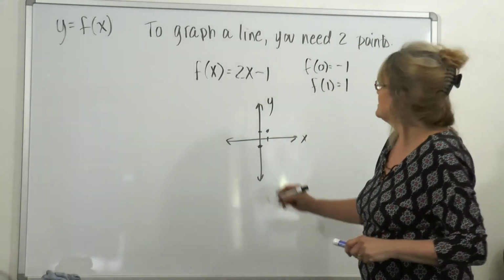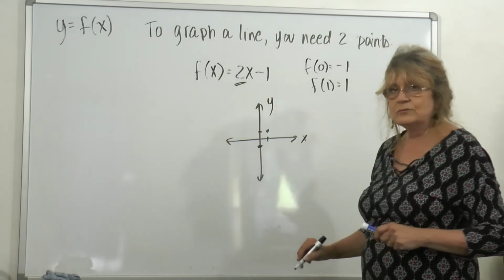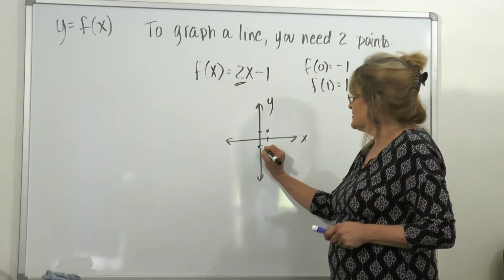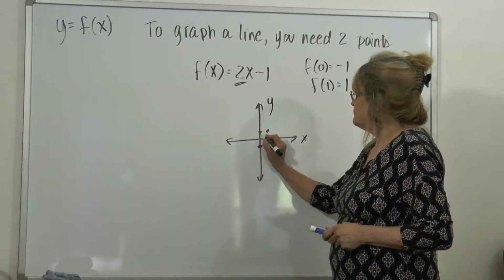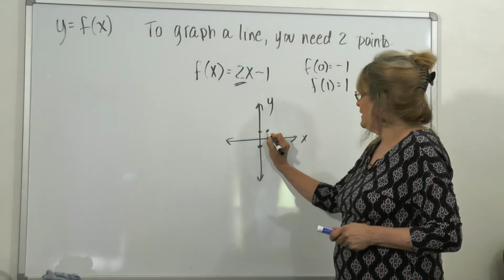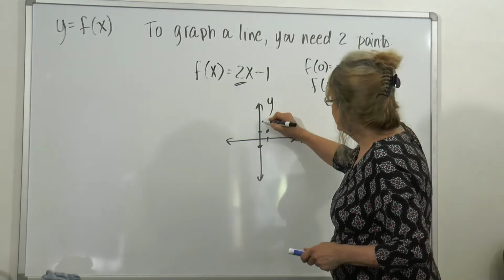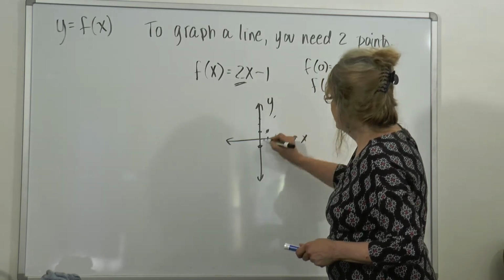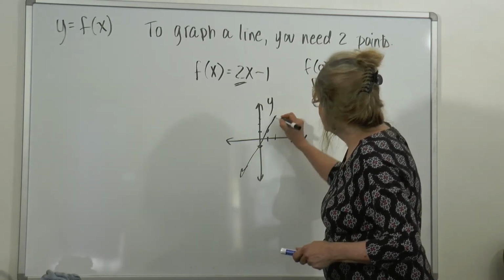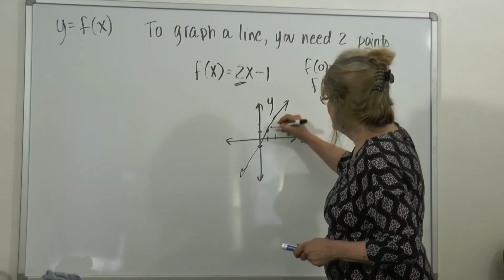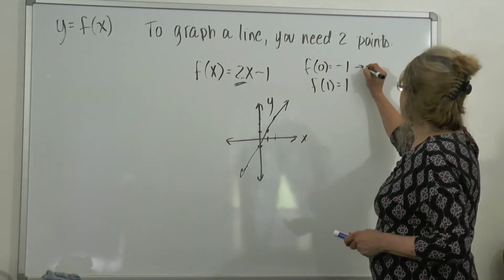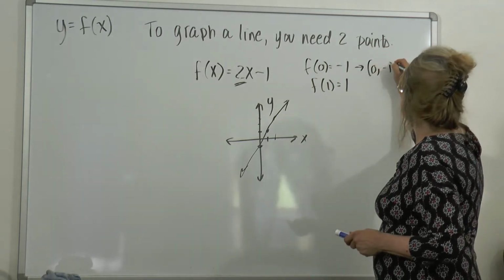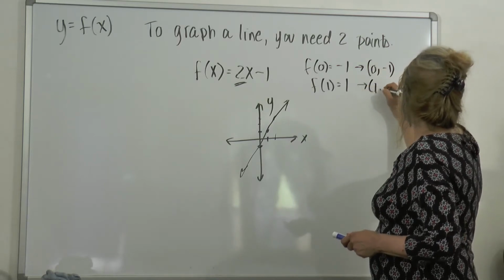If you were using the slope, which is +2, from your y-intercept, if you go up 2 over 1, it's a point on the line. And you can keep doing that. Up 2 over 1, up 2 over 1. And it's going to continue to give you points on that line. Okay? So from this one, 0, -1, and 1, 1.